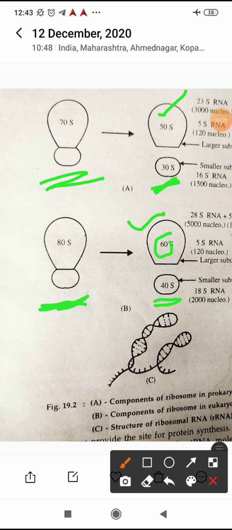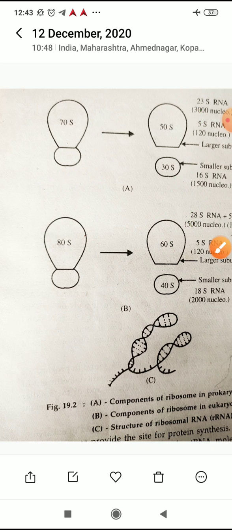But if the magnesium ion concentration becomes very low or very high, the two subunits dissociate. So this is the dissociated state, this is the associated state of these two subunits.